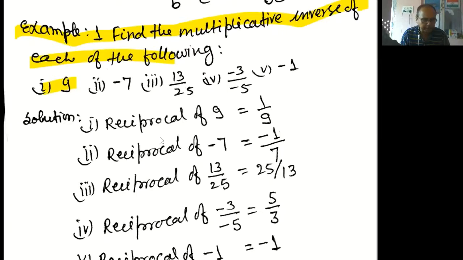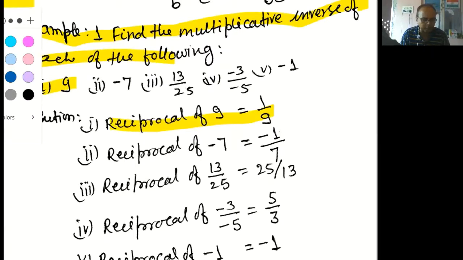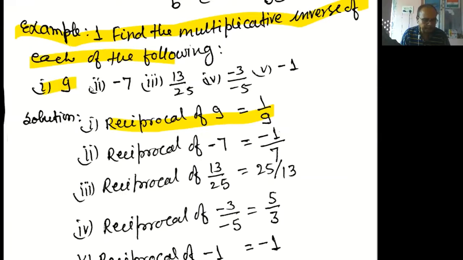Reciprocal of 9 equal to 1 upon 9, because we can write 9 as 9 upon 1. Second, minus 7. Reciprocal of minus 7 is minus 1 upon 7. Reciprocal of 13 upon 25 equal to 25 upon 13.